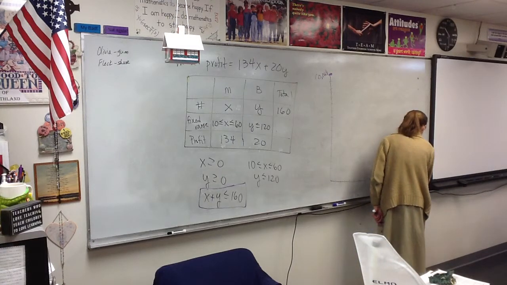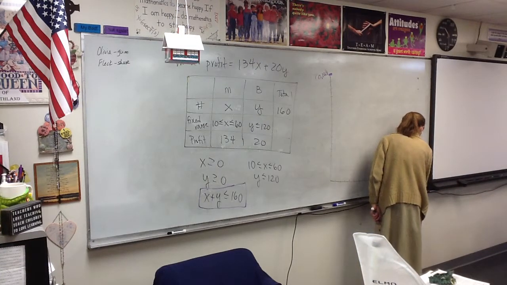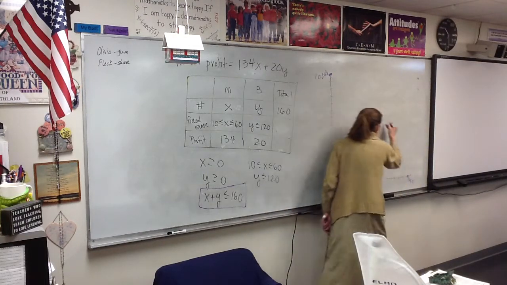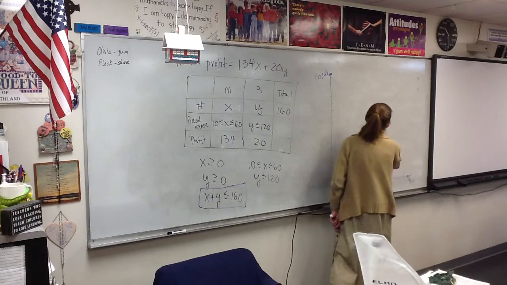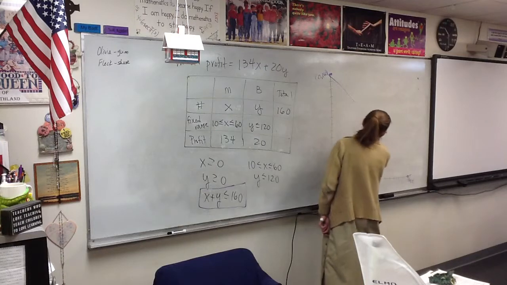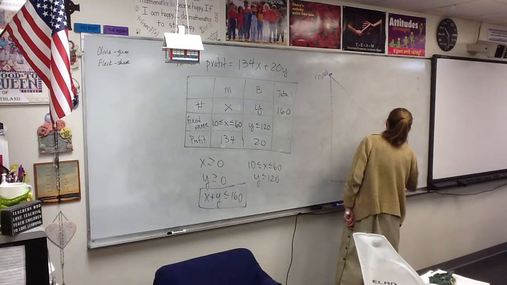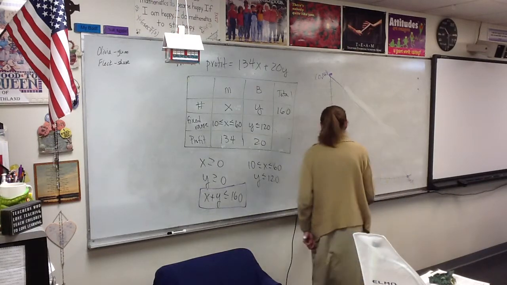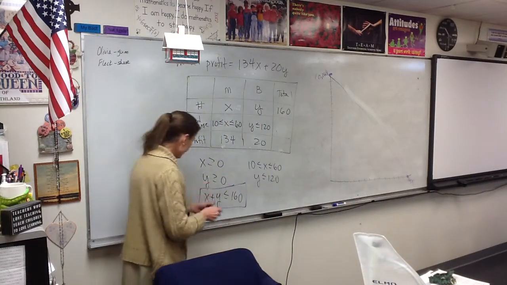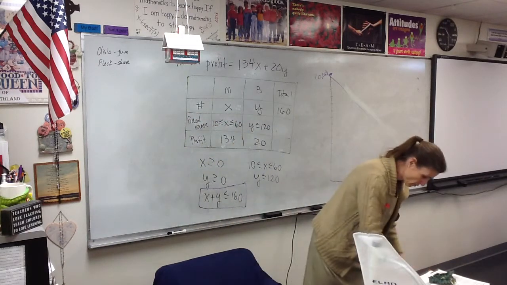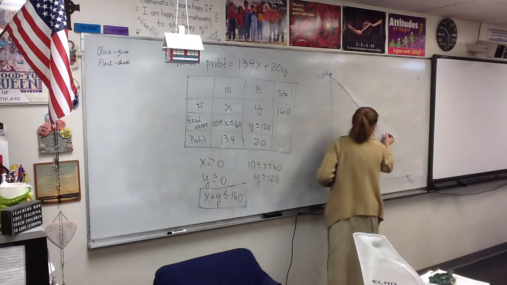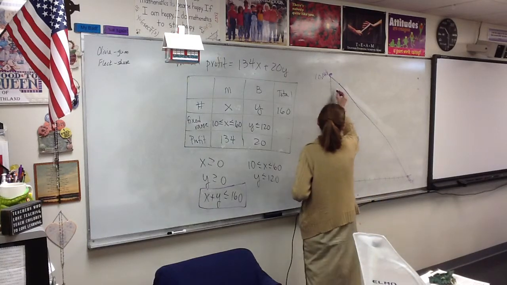You may need to extend your line a little bit. Oh, I missed. I am so bad at drawing these straight lines. Where's that shaded? Below. So we are shaded below. So all this.